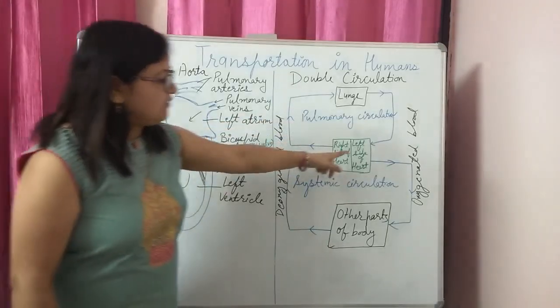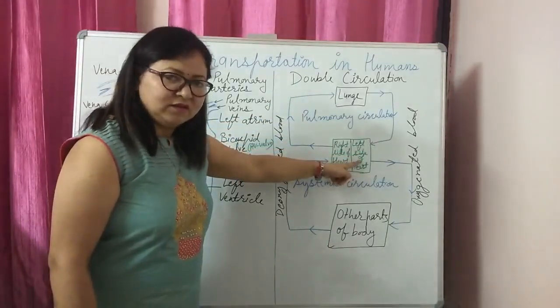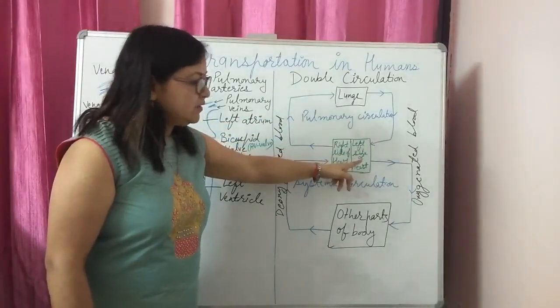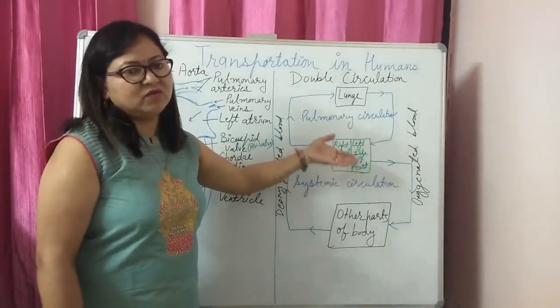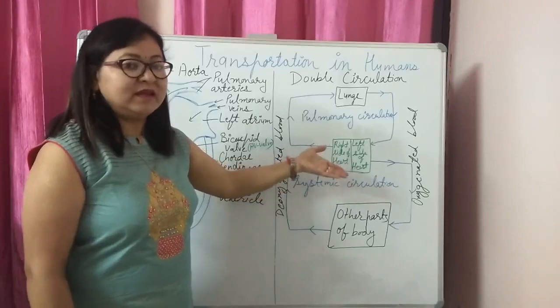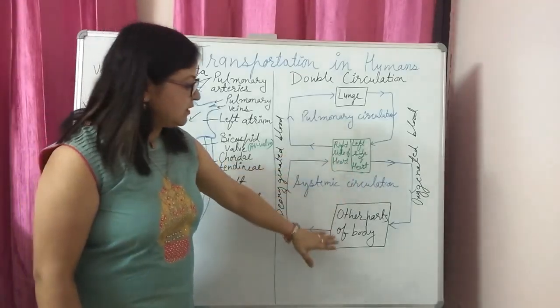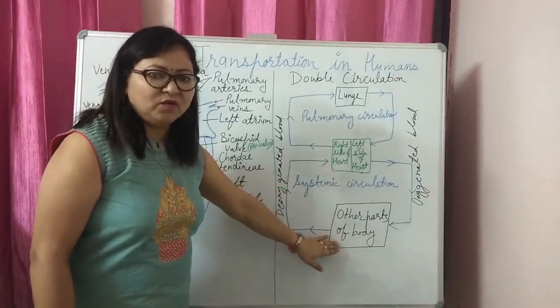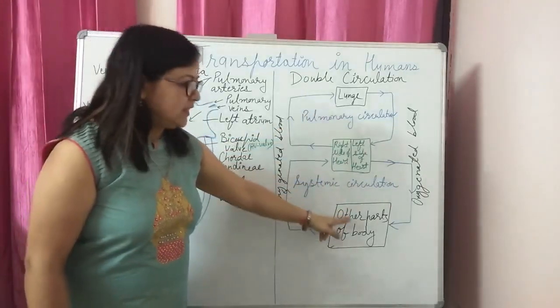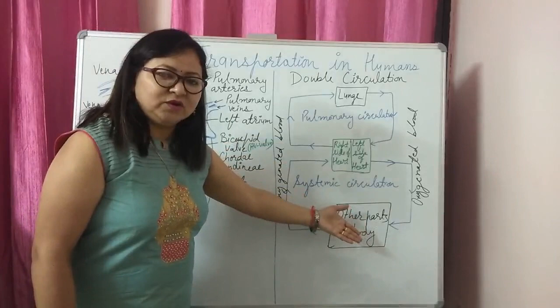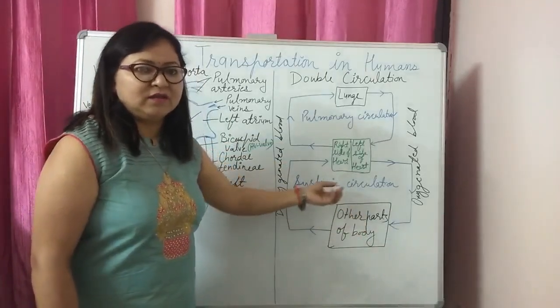Now, the left side of the heart gets the oxygenated blood. This blood is pumped by the heart through the aorta, then the aorta divides into arteries and arterioles, then capillaries, and each capillary supplies the oxygenated blood to all body parts other than the lungs. Then oxygen is distributed to each and every cell and carbon dioxide is collected.